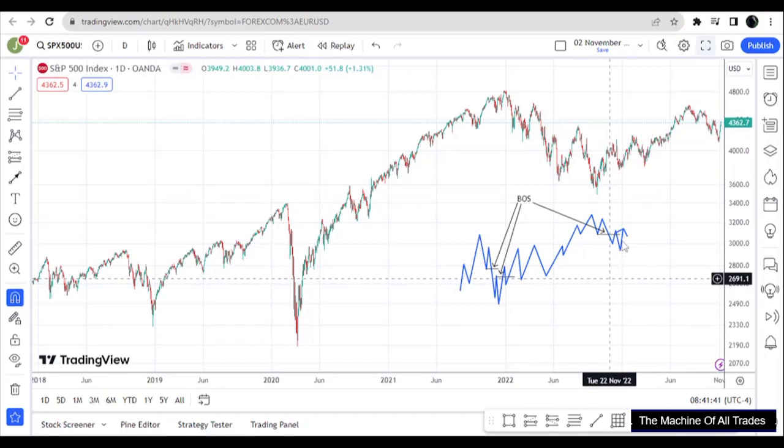Hence, this price leg going up, maybe it's just a price leg that's going to make a lower high to break down to make a lower low. Sorry.